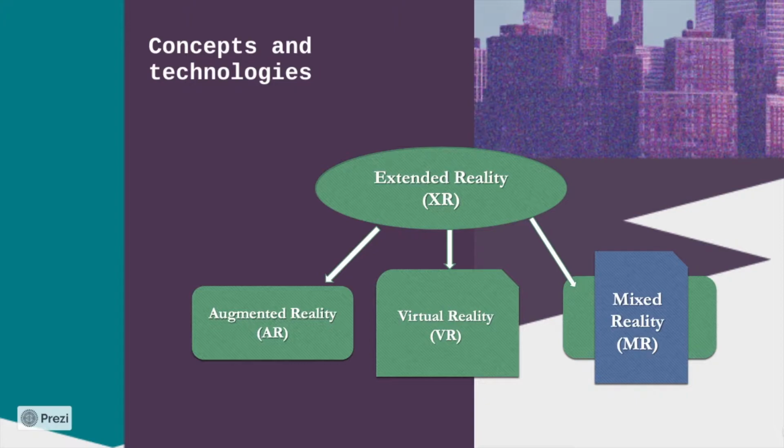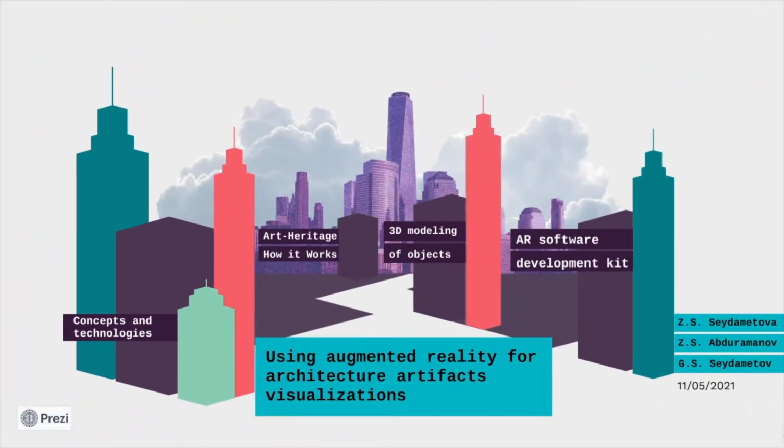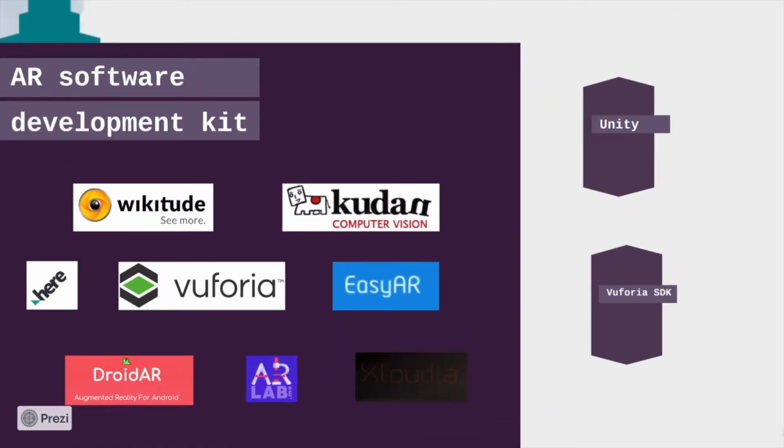Physical and digital elements exist and interact in real time in mixed reality applications. Mixed reality merges real and virtual worlds, and allows us to produce new environments. Mixed reality is the area between the real and the virtual worlds and can be represented as augmented reality and as augmented virtuality.